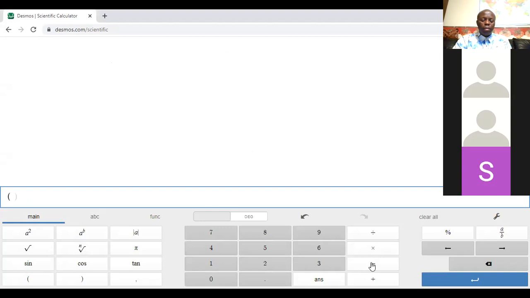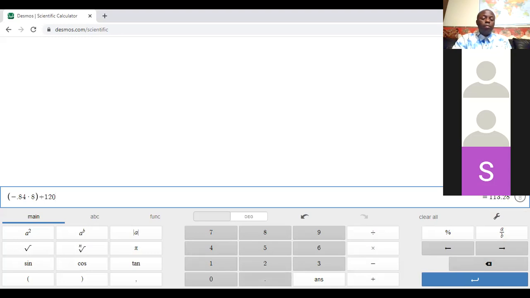Negative 0.84 times the standard deviation of 8 plus the mean of 120. 113.28 right now. 113.28 millimeter of mercury.